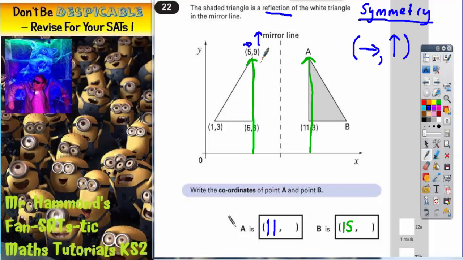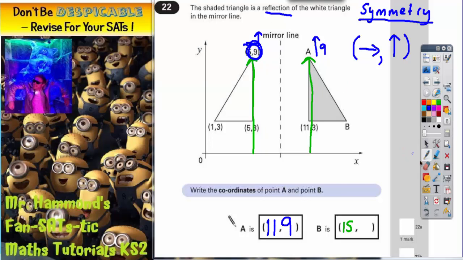So it's 9 up. So if the top of the white triangle is 9 up, the top of the shaded triangle must also be 9 up. Therefore, A is 11 along the bottom and 9 up. 11 along the bottom, so it's level with here, and then 9 up, so it's level with here. 11 along, 9 up.